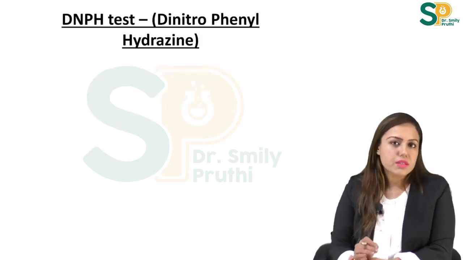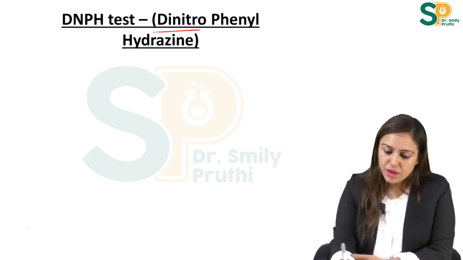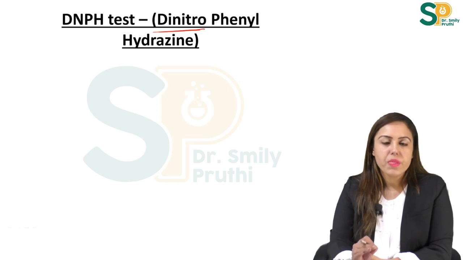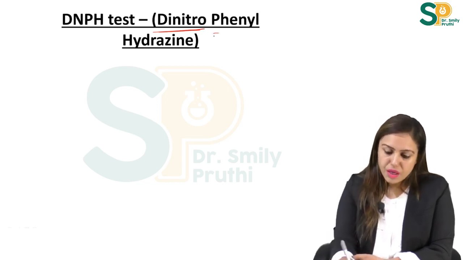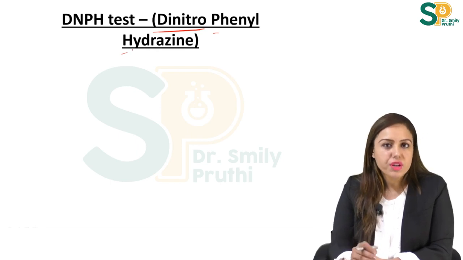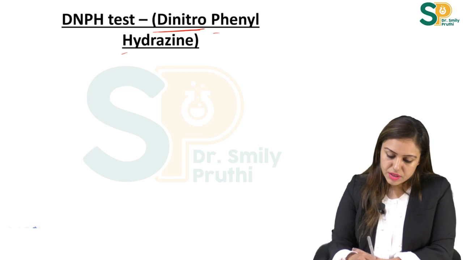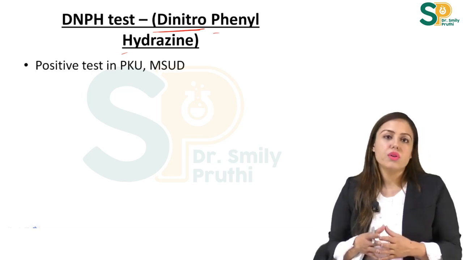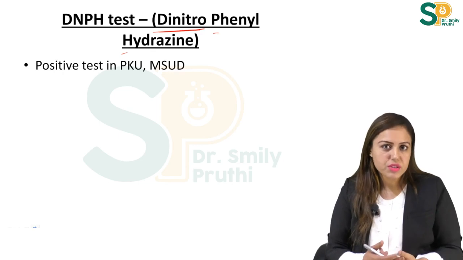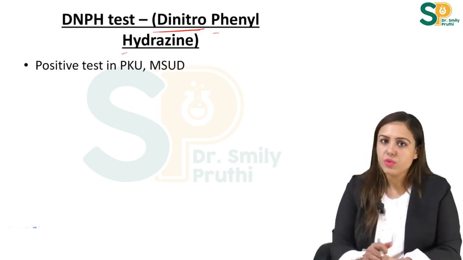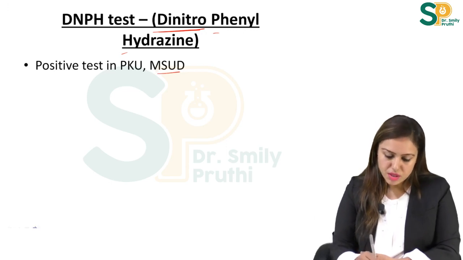Then next is the DNPH test, that is dinitrophenylhydrazine. DN stands for dinitro, PH stands for phenyl hydrazine. Again, this test is for the same two diseases for which we did the ferric chloride test, that is phenylketonuria and maple syrup urine disease.